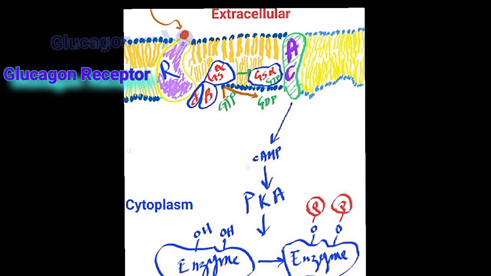Upon activation of the glucagon receptor by glucagon, the activated receptor associates with the trimeric Gs-alpha-beta-gamma subunits and leads to the dissociation of the beta-gamma subunit from the Gs-alpha subunit, followed by the exchange of the GDP bound to Gs-alpha by GTP.